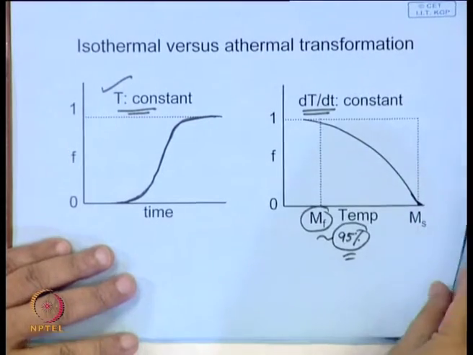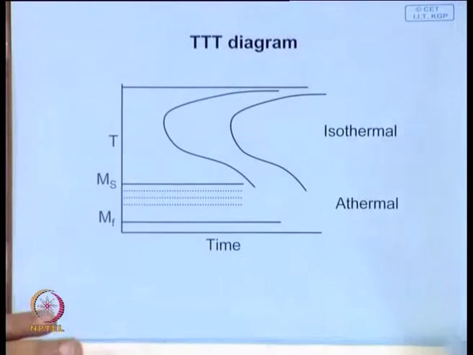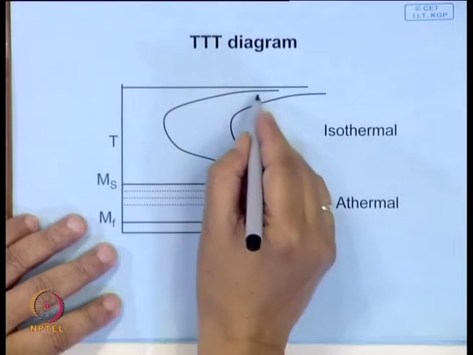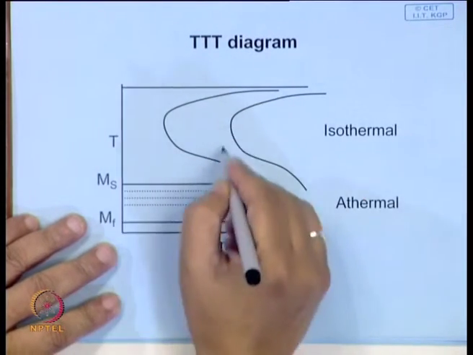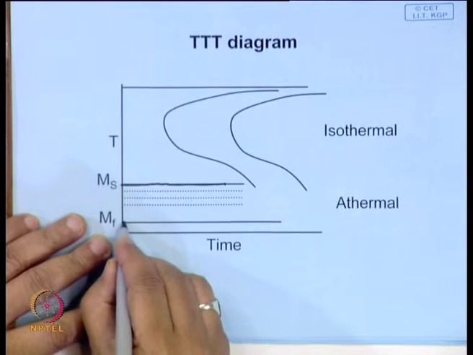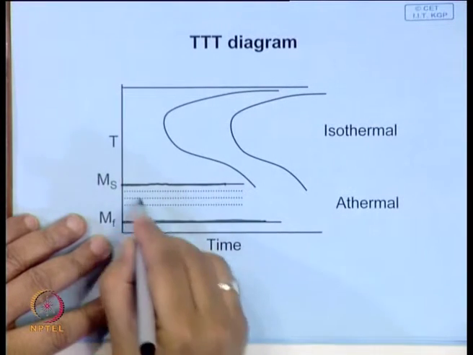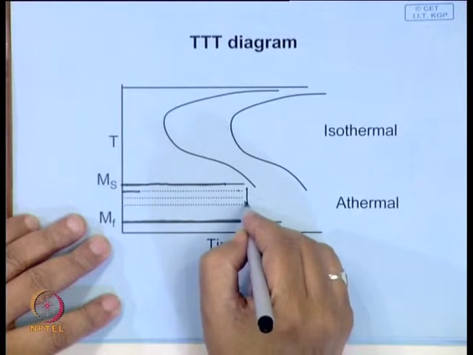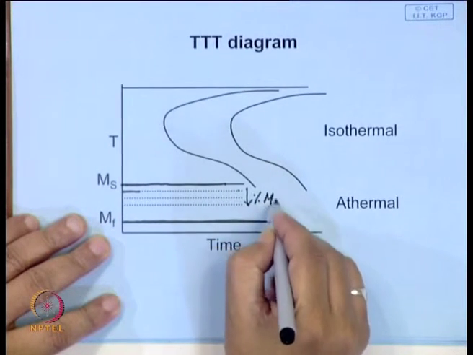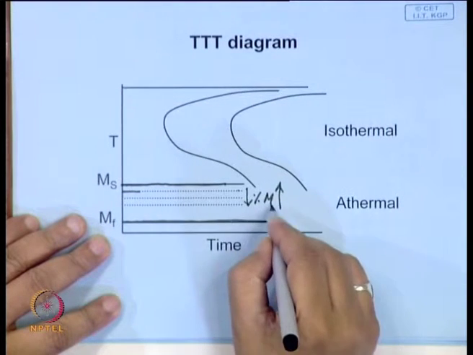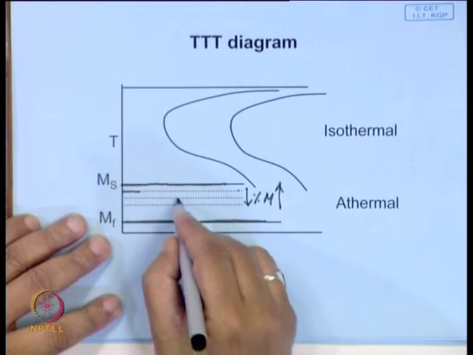So this is a basic difference between isothermal and athermal character. Isothermal will have the sheet type of shape, whereas for athermal martensite you just indicate these two temperatures. As you go down, as the temperature goes down, the percentage martensite goes up.